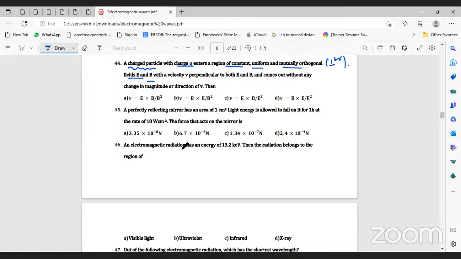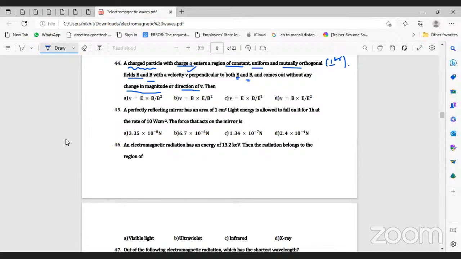The velocity V is perpendicular to both E and B, and it is going to come out without any change in the magnitude or the direction of V. Then what should be the value of E?